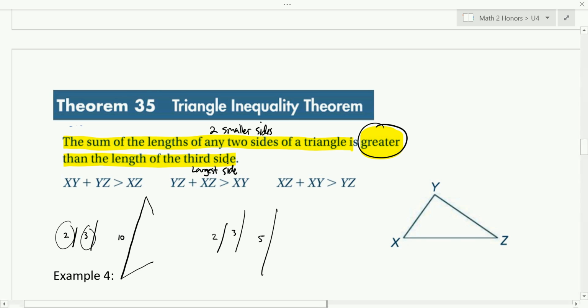So what's going to happen here is, as you fold it in on itself to make them meet, you have your 2 and your 3 here, and it'll kind of fold in on itself. It won't look like a triangle, it'll be a line segment. It will be connected, but it's kind of a degenerate triangle, so it's still not going to give you that shape. So 2 plus 3 equals 5. It's not greater than 5, and we need it to be greater than 5 for it to look like a triangle. Okay.